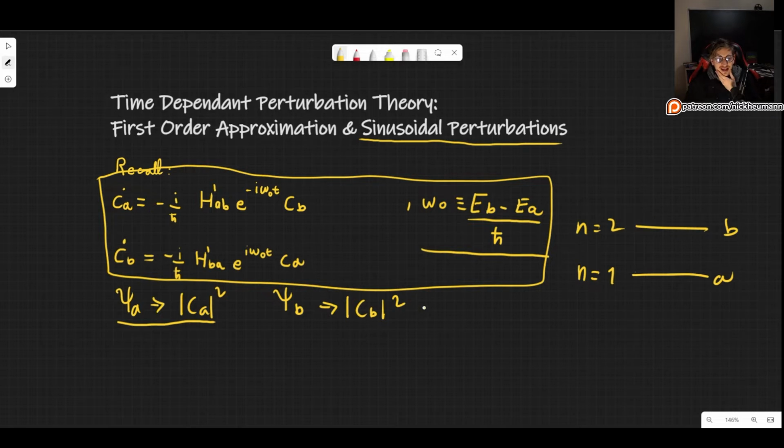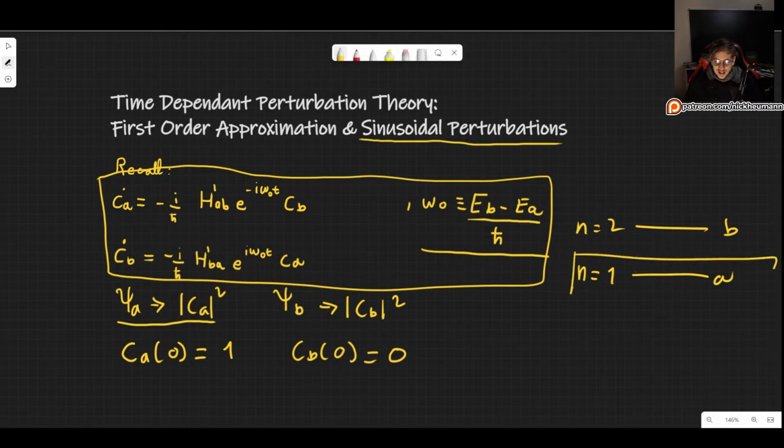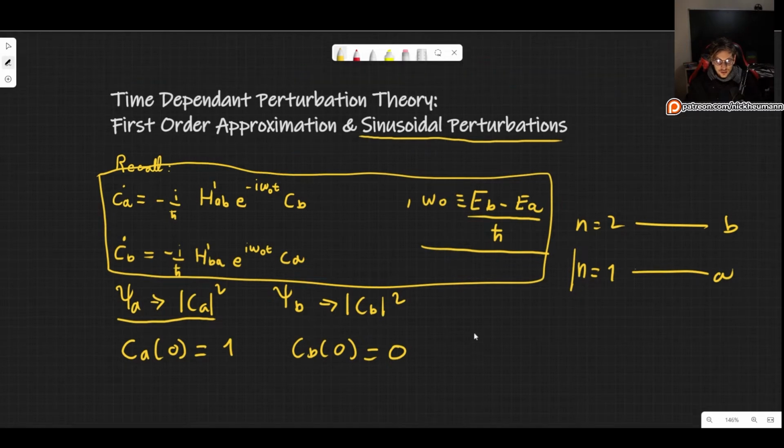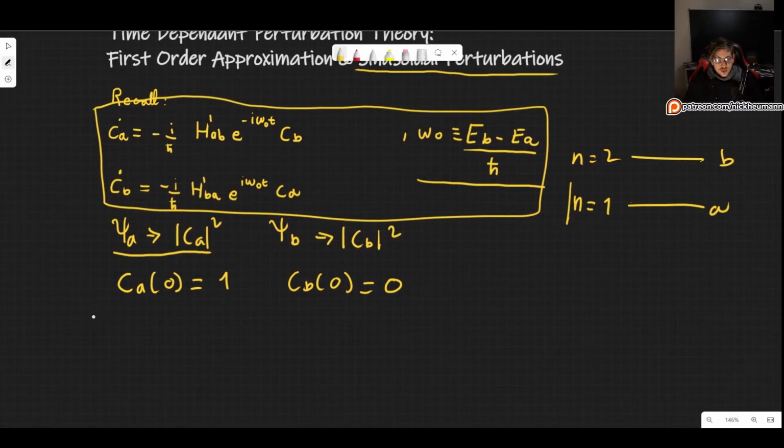So let's just say that it begins in state A. So we say that Ca at time 0 will be 1. Thus, because that is a probability, it will be 100% in that state. And for that reason, of course, Cb will be 0. Okay, so we begin in state 1 or state A, and we know that. So to zeroth order approximation, so basically no approximation, let's put this into this.